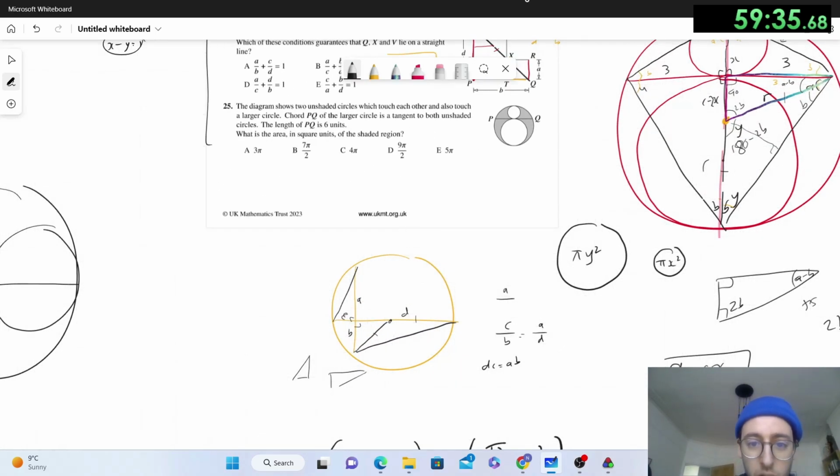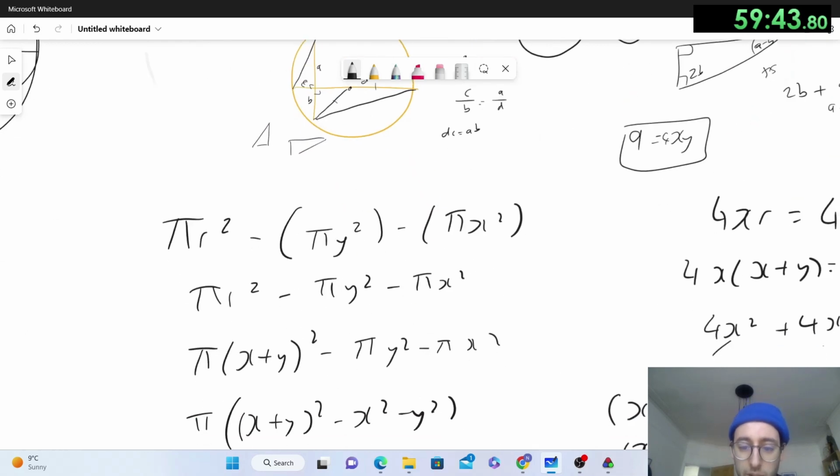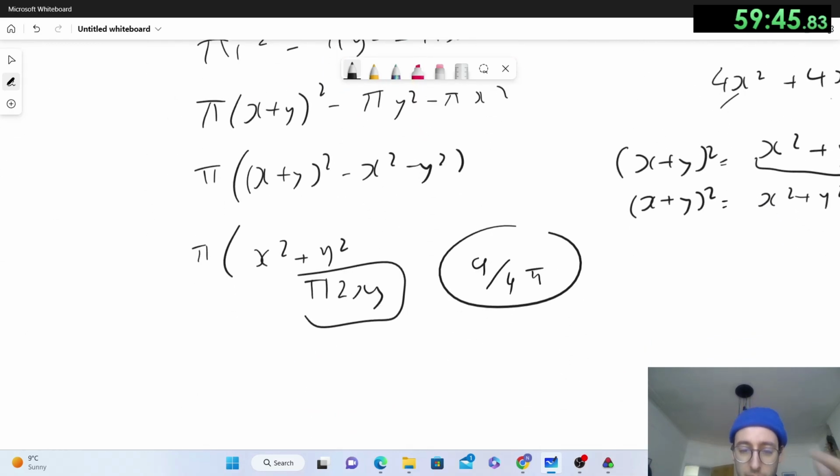Pi. Oh my god, and it's a half. No, wait, that's wrong. I've rushed that like crazy at the end. 2xy, then the xy, those cancel out. We're left with just... So the shaded area is just pi times... Okay, I've run out of time, but I think I'd got it.